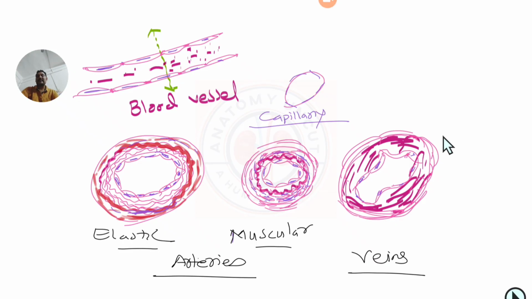If they are somehow diseased, oh my god, you know what happens. Life threatening conditions happen if there is damage to the blood vessel. That is why the structure of blood vessel is of paramount importance for any medical student.